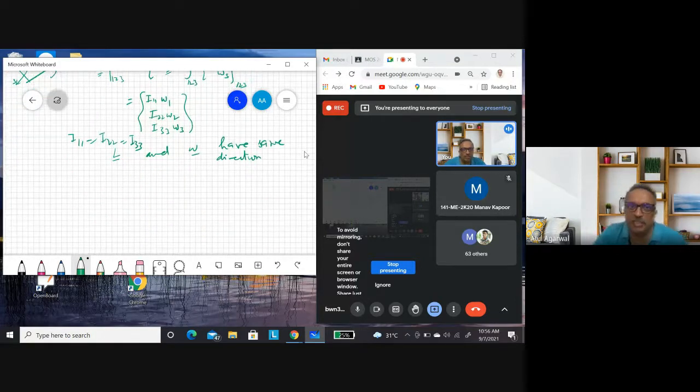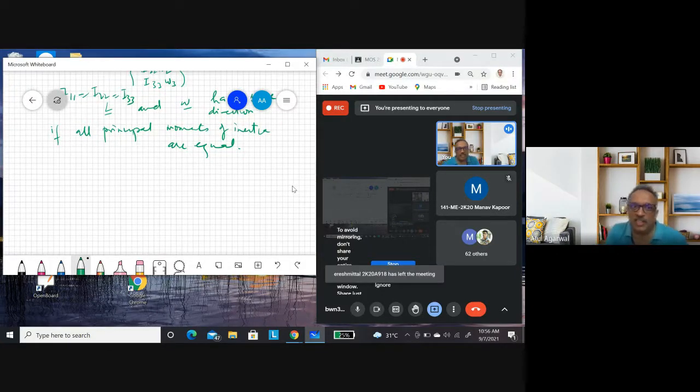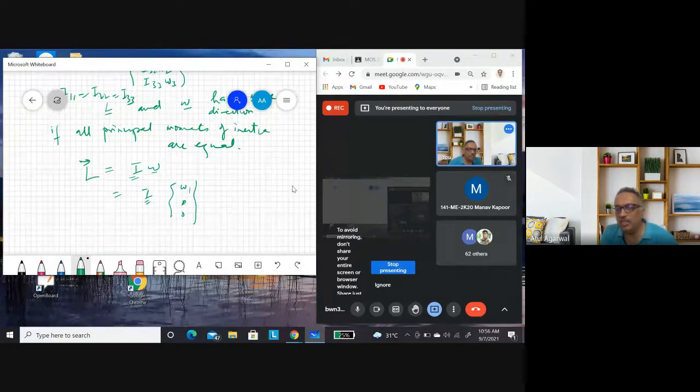If all principal moments of inertia are equal, or is there any other situation where you can have the same direction? Suppose you are having angular velocity of the body only along one central principal axis.